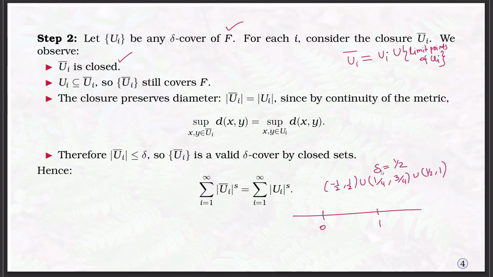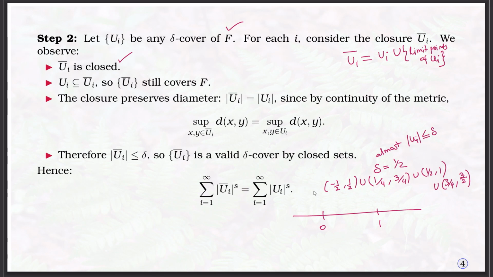All are different sets, with at most diameter delta, meaning the diameter can be less than or equal to delta. Here we can take any interval, need not be equal intervals. So this will cover the closed interval; maybe here 1 by 2 is ignored, and you can take the union of 3 by 4 to 1.5, that is 3 by 2. This is one cover which covers this set.